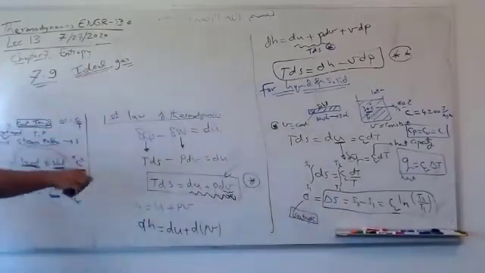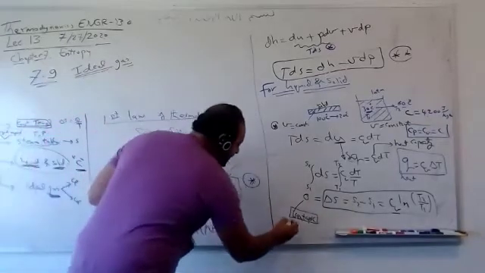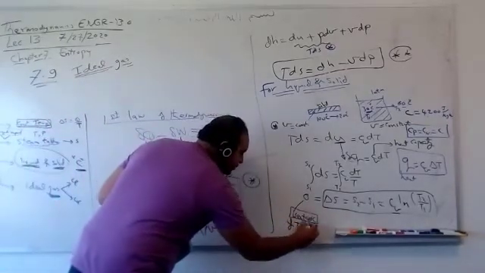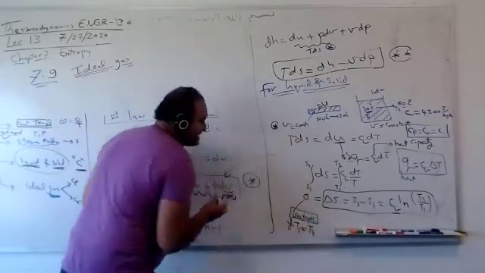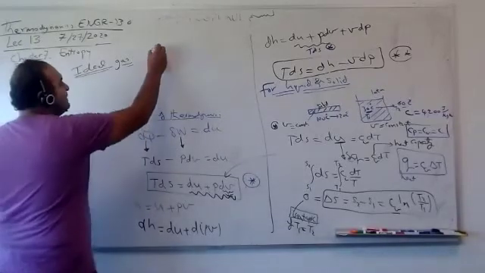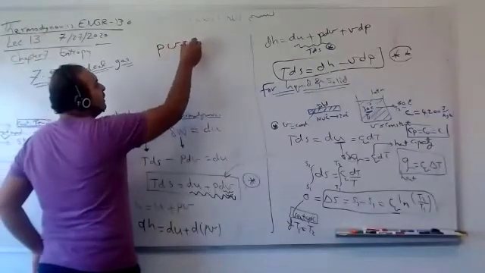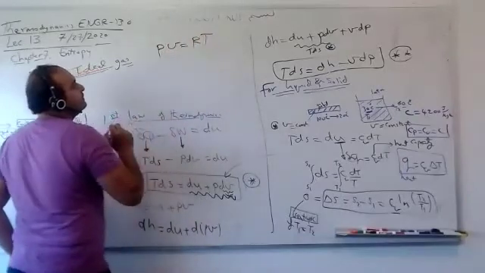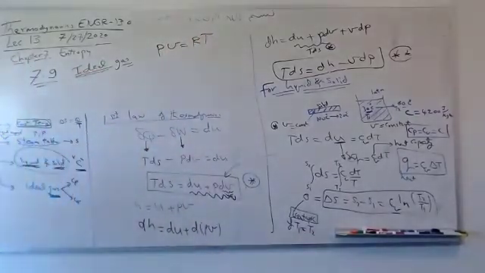Okay, so this case only happened if T1 equals T2, which means temperature does not change, for liquid and solid only. For ideal gases, as you remember, ideal gas means PV equals RT. This is the ideal gas law, always correct, as long as you have an ideal gas.